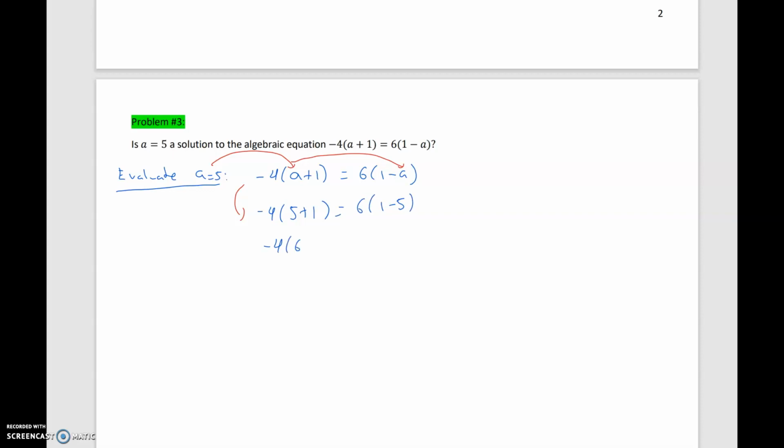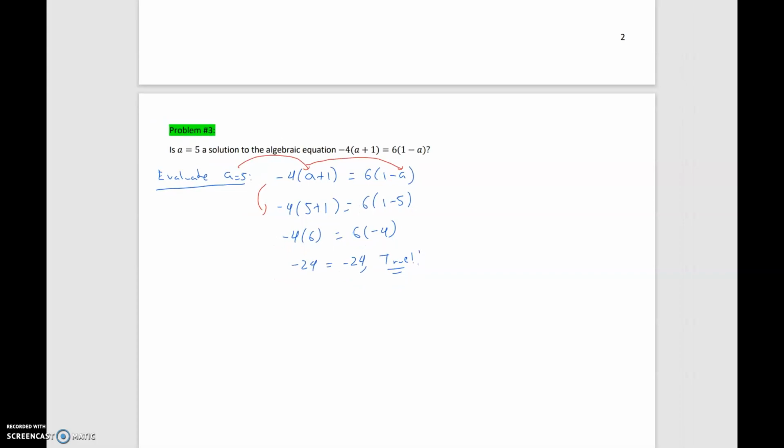Or -4 times 6 is equal to 6 times -4. Or -24 is equal to -24, which is actually true. So in this case, we would also say that yes, a is equal to 5 is a solution to -4 times a plus 1, which is equal to 6 times 1 minus a.